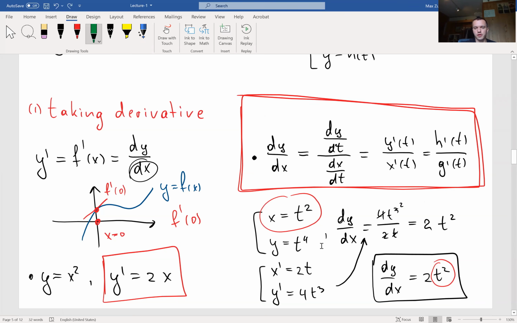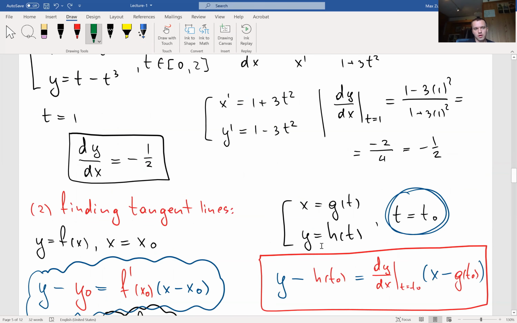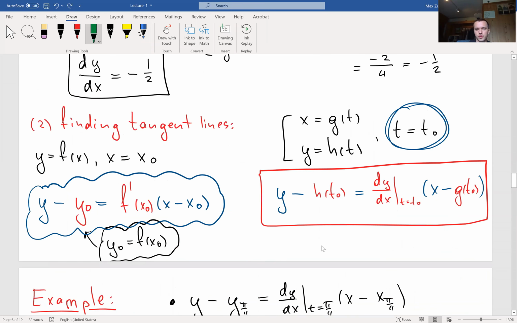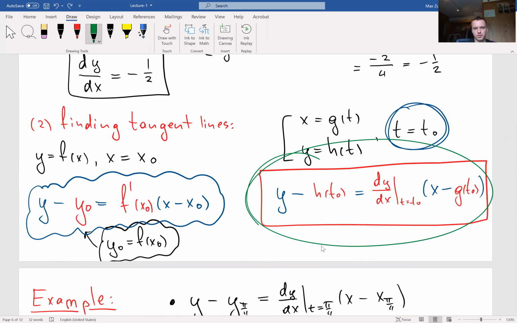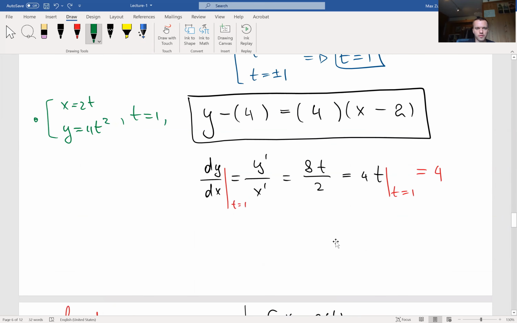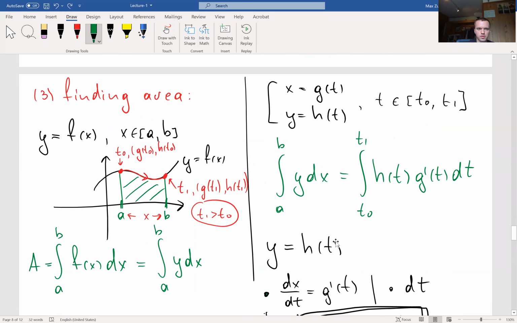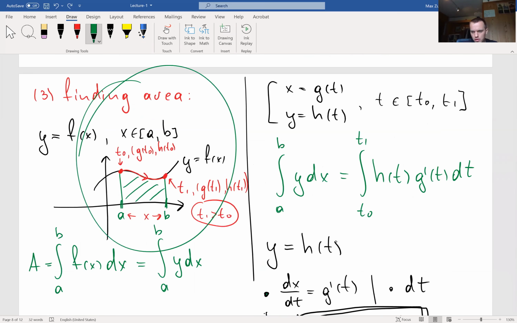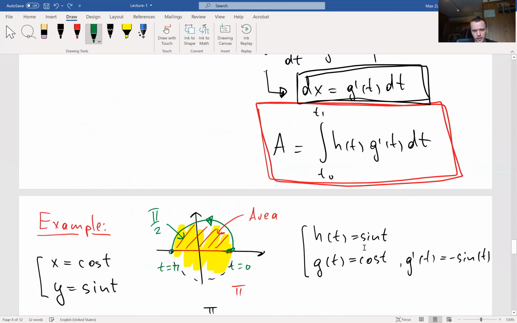We covered three subsections: taking derivatives, finding tangent lines, which has the formula over here that you need to remember, and finding the area over here. And finally, the arc length.